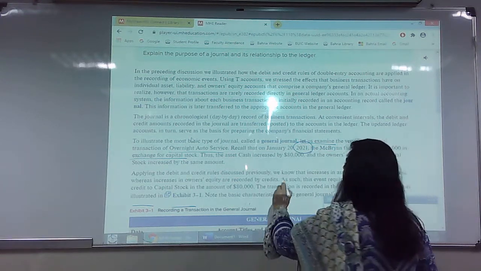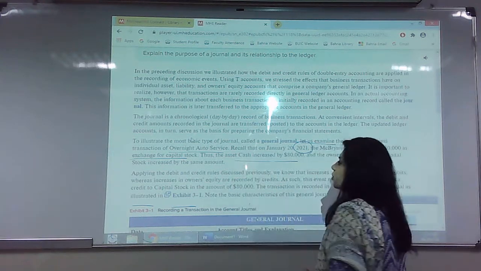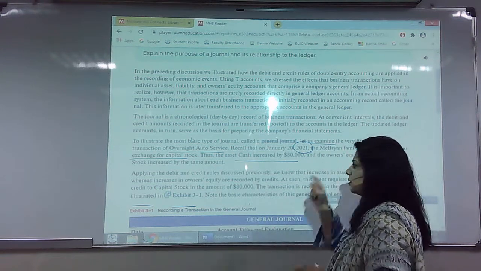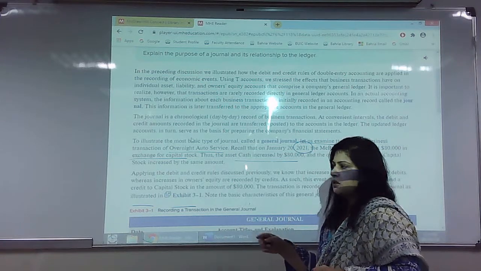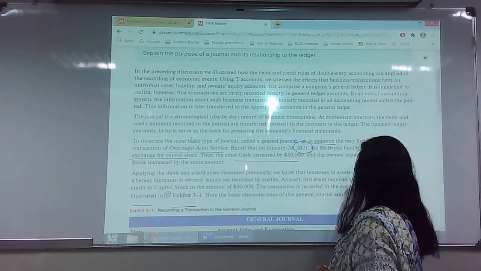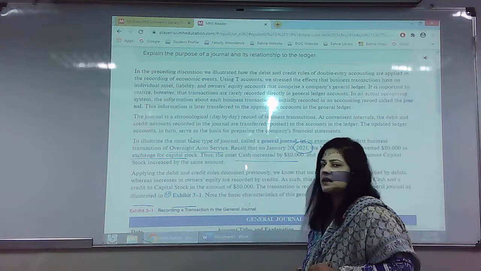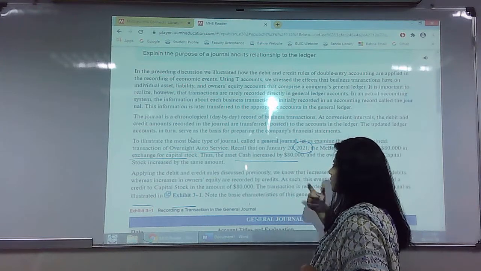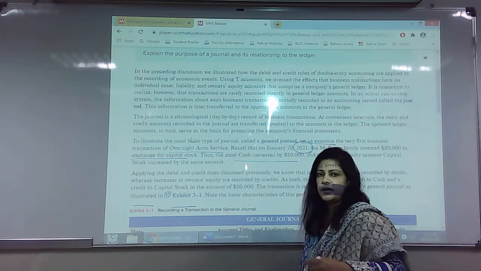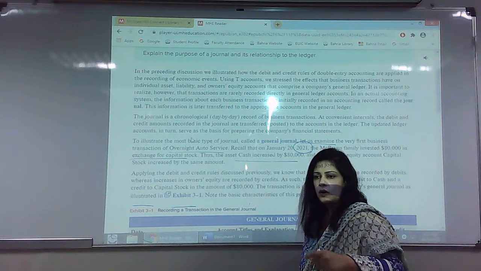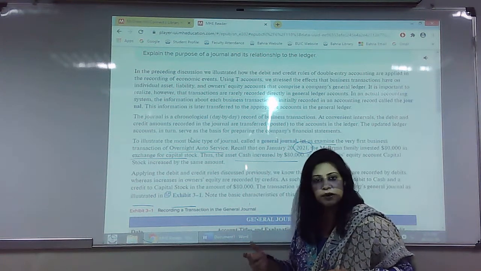Now thus the asset cash increased. Now you pay attention, this is going to be a similar statement structure that you're going to be given in the exams, or a typical accounting statement like, you invest some money somewhere. That means when you invest, if the company is investing somewhere, either it issued stock or it is buying stocks of some other company.